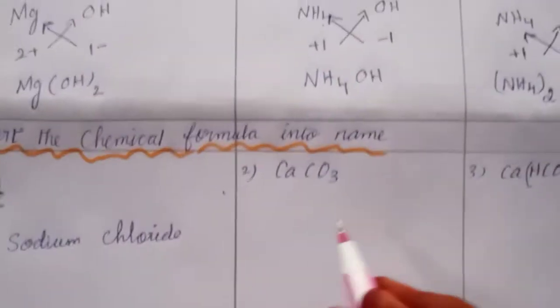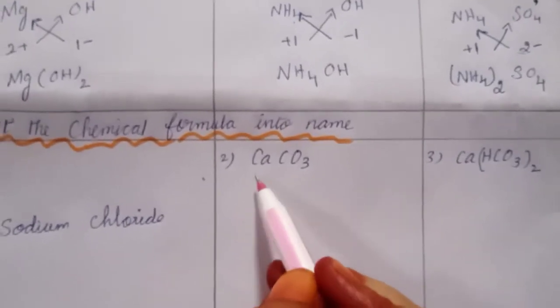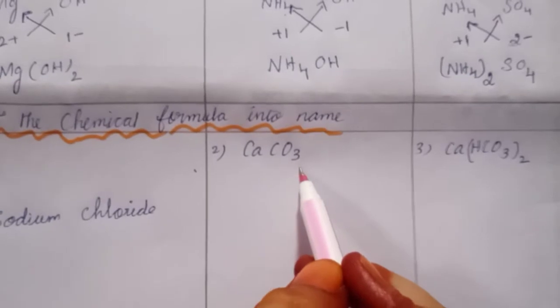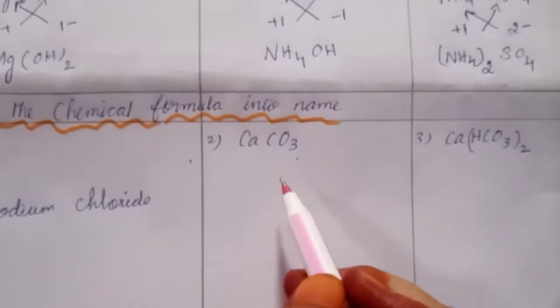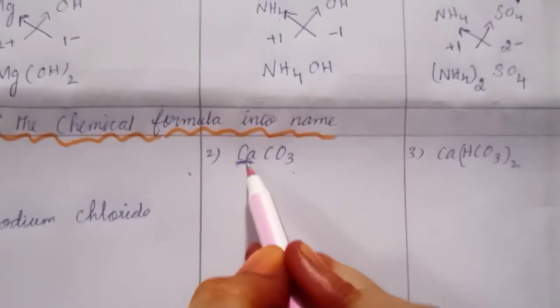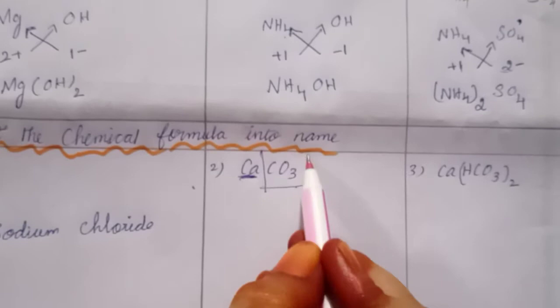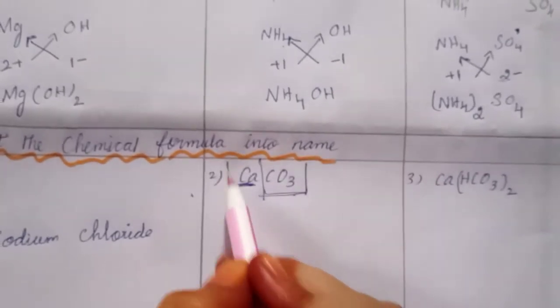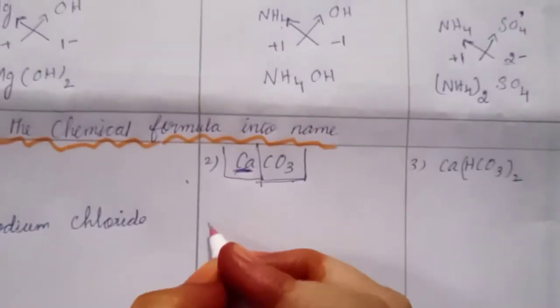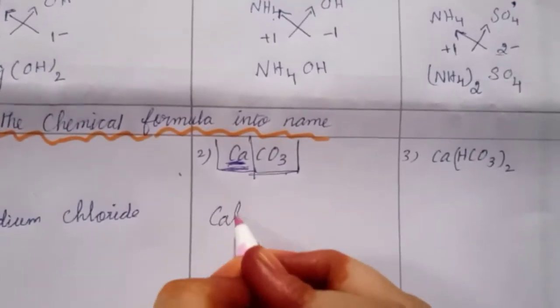Here also, first we have to find out the positive ion, here CaCO3. Metals are always positive. Here what is the metal present? Ca. Ca is positive and the remaining should be negative. This part is the negative part and this part is the positive part. We know that the name is calcium.